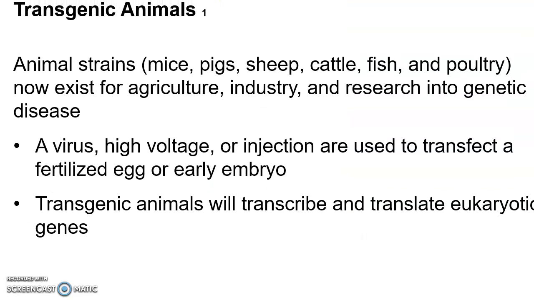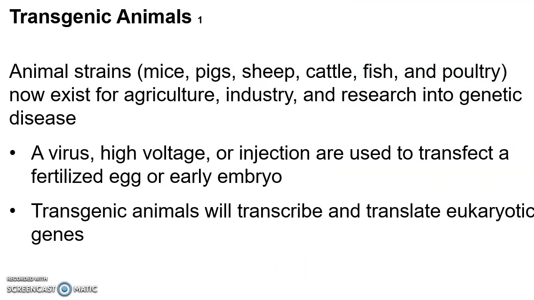Okay, so when it comes to transgenic animals, mice, pigs, sheep, cattle, fish, and poultry have all been genetically modified for agricultural and industrial purposes, as well as for researching genetic diseases. The fertilized egg or an embryo in the early stages of development can be transfected by a virus, high voltage, or injection to get the foreign DNA into the genome.